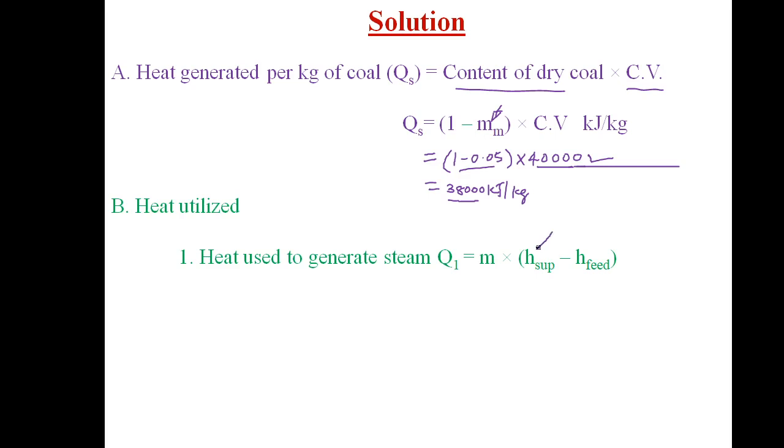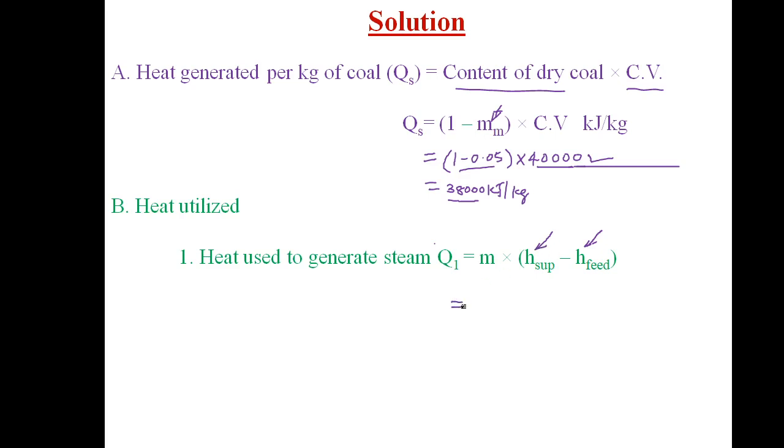Steam is coming out in the form of superheated steam, and while entering the boiler, it enters as feed water. So enthalpy of feed water is the initial energy it carries into the boiler, and this is the final energy that it carries coming outside the boiler.